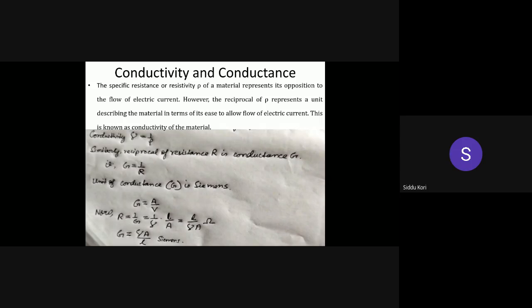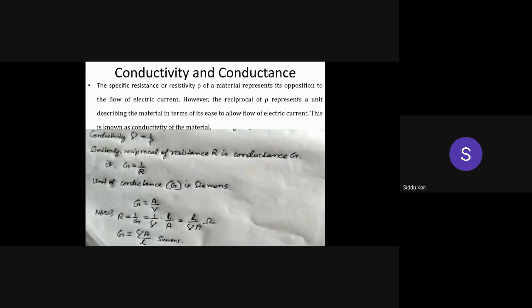From the properties and the factors that affect resistance, there was something called rho, the resistivity. The specific resistance or resistivity rho of a material represents its opposition to the flow of electric current. However, the reciprocal of rho represents something called conductivity, meaning the inverse of resistivity is conductivity.